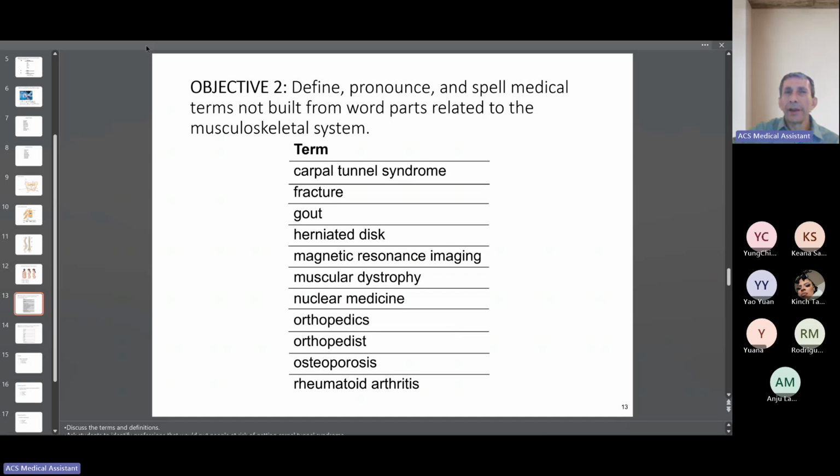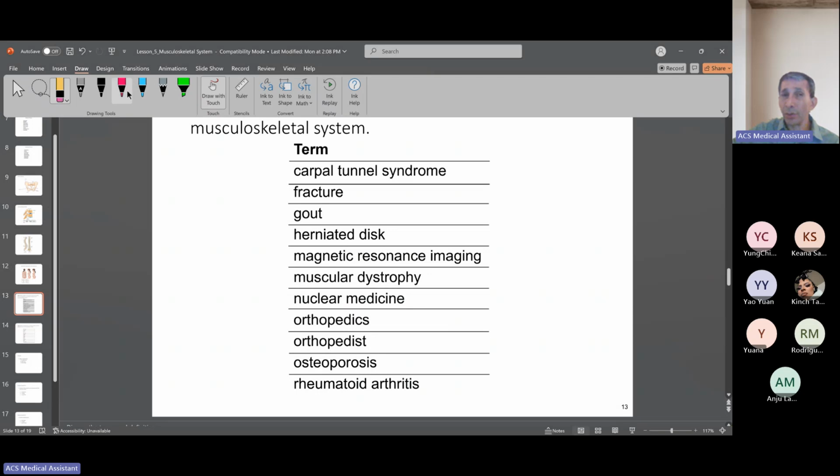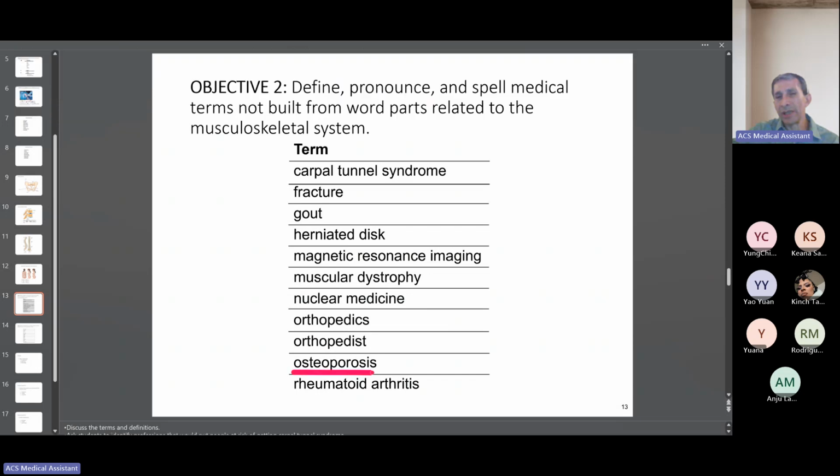Osteoporosis. Now, osteoporosis, you can divide it, you can. But because it's a condition, usually we just leave it like it is. Osis is the suffix. Oste and O, this is the combining vowel. This is a word root, por, and this is a word root.